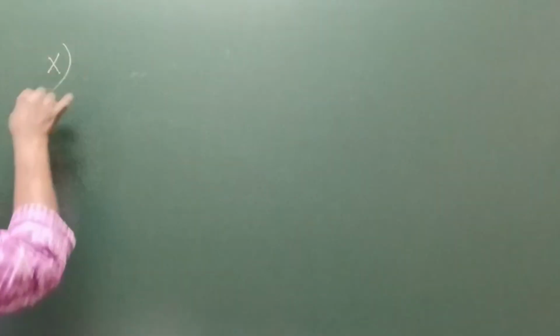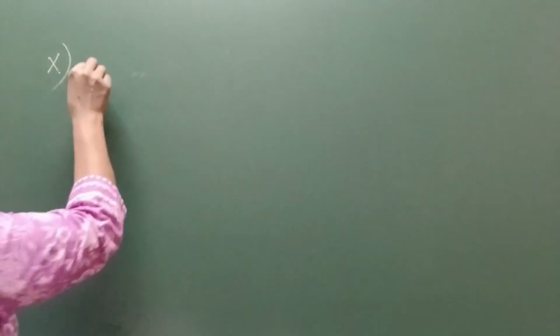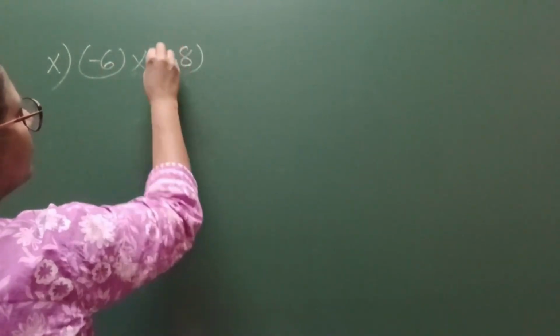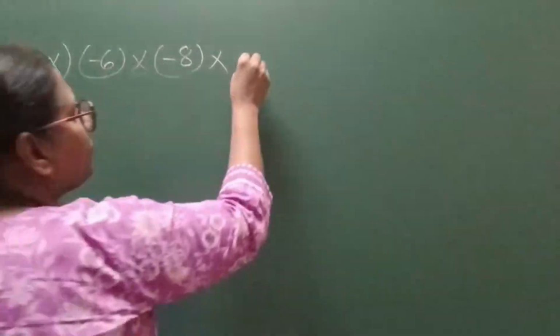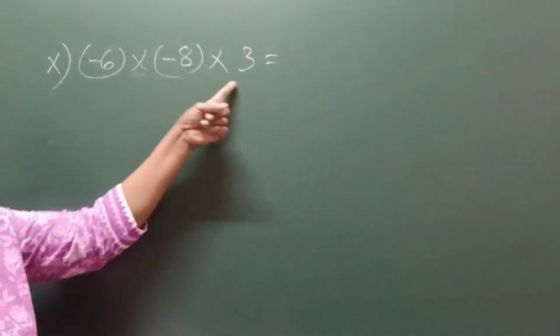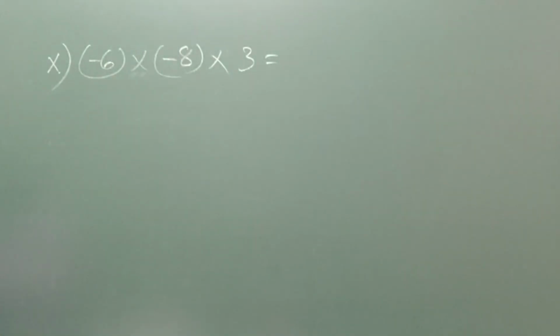Next question. Minus 6 into minus 8 into 3. Here there are two negative integers and one positive integer.